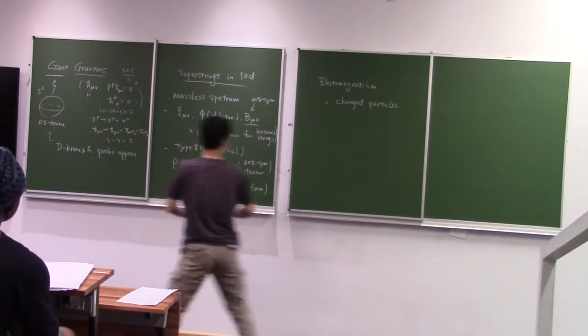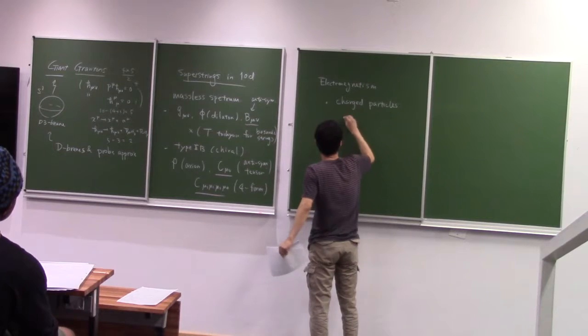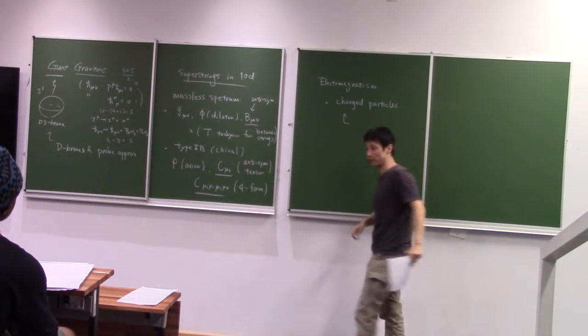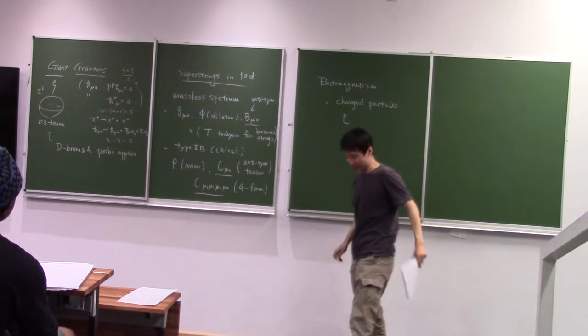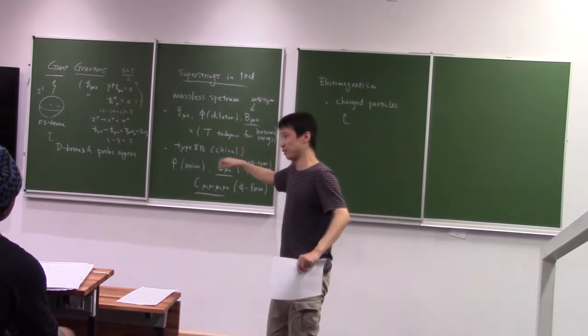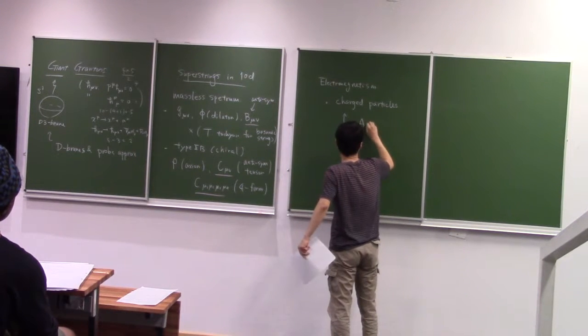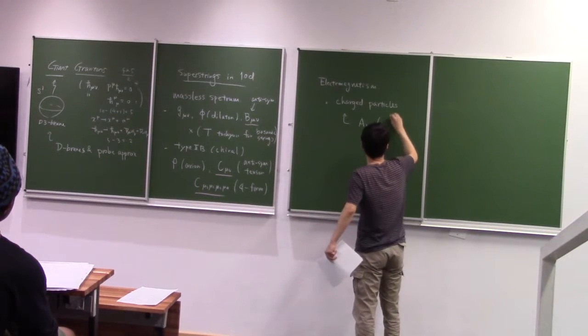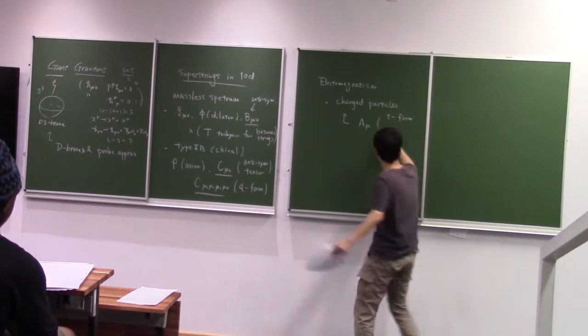Gauge field. Yes, great. So the fact that it has charge means it's charged under something, which is the gauge field. So you have gauge fields. I call it a one form or gauge field.